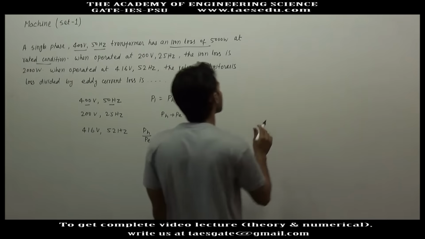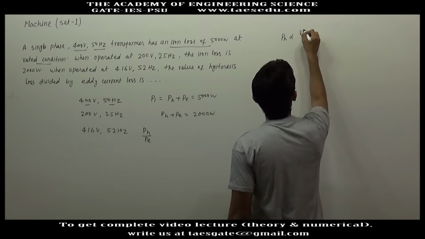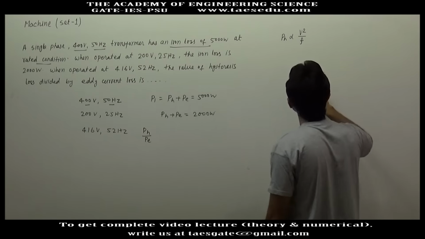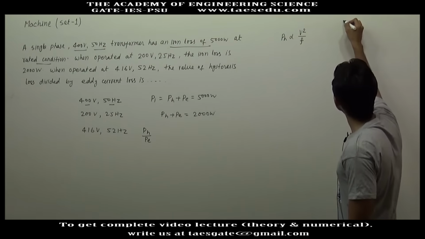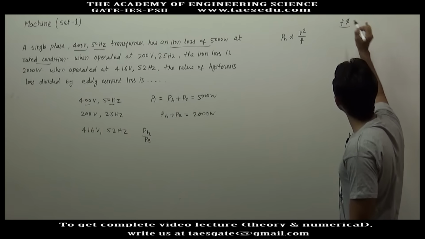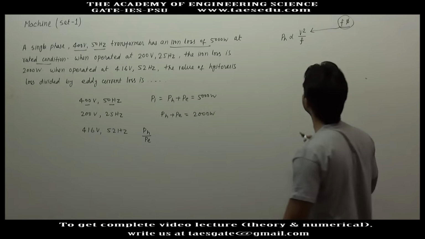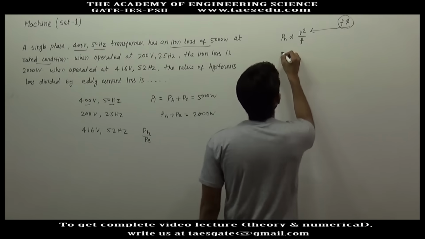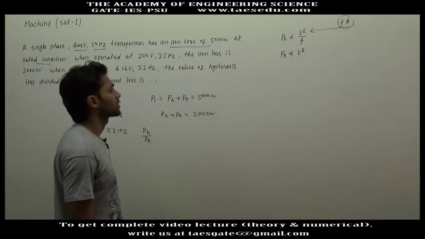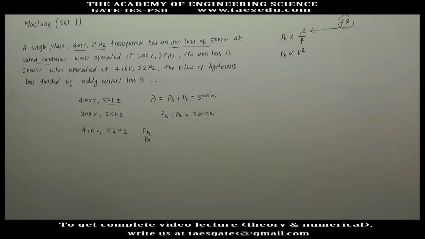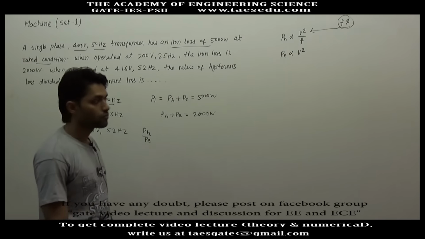We know that in terms of voltage and frequency, the hysteresis loss is directly proportional to V square divided by F. In the theory lecture, first we defined the relation of hysteresis loss in terms of flux and frequency, and then we converted it into terms of voltage and frequency. And the eddy current loss is directly proportional to V square, when we talk in terms of voltage and frequency.